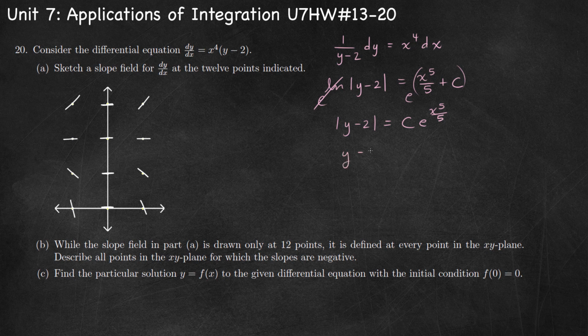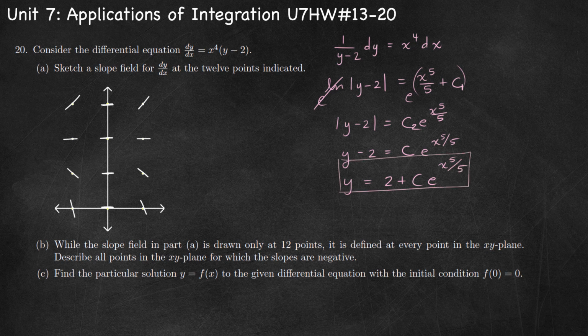I can drop my absolute value. It gets absorbed into the constant term c. So this was a c1, this is a c2, and this is just c, e to the x to the 5th over 5. And then we add 2. So 2 plus c e to the power x to the 5th over 5. That's my general solution.